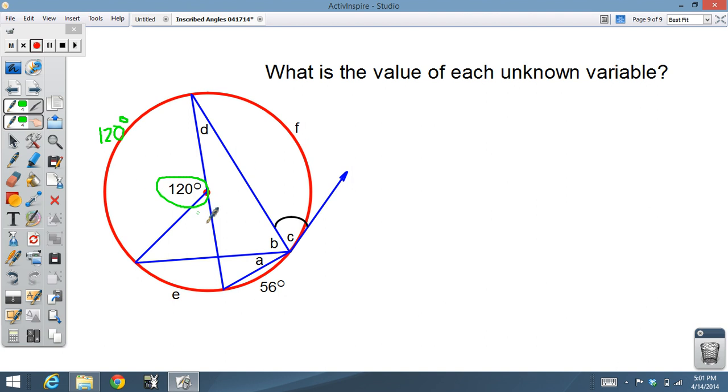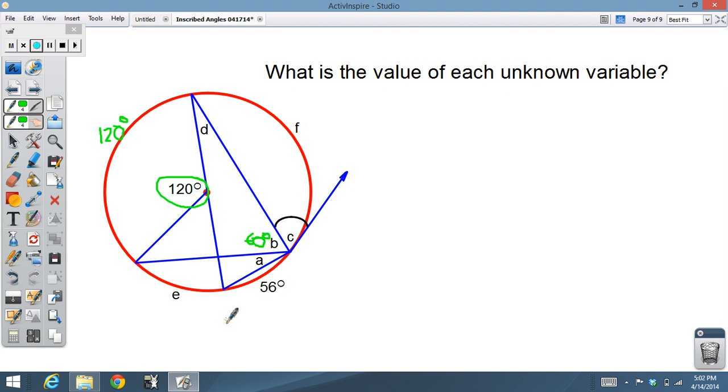Again, I put that there just to re-emphasize the difference between central angles, which equal the intercepted arc, and inscribed angles, which are half of that. So I see that B intercepts that 120 degree arc, right? Which means B must be half of it, or B must be 60.